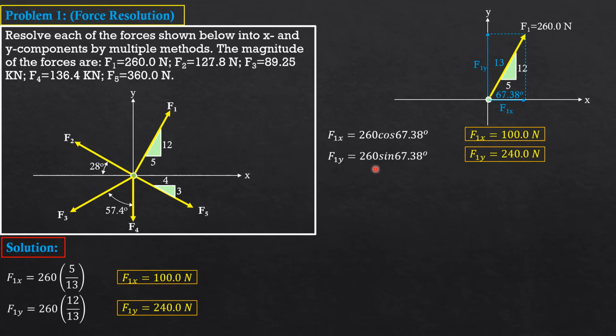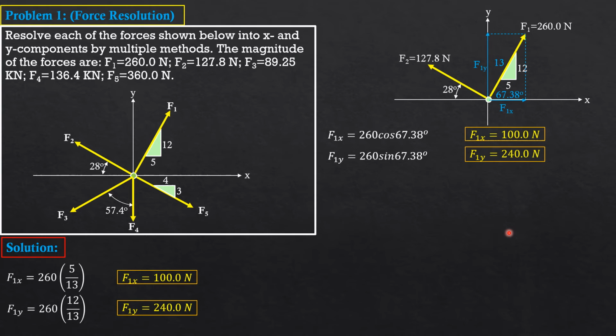F1y is 260 sine of the quantity negative 292.62 degrees. It will give us the same answer. So I'll just present this. You verify using the negative angle: 260 cosine of negative 292.62 degrees, it will give us this result. F1y is 260 sine of negative 292.62. It will give us that result.